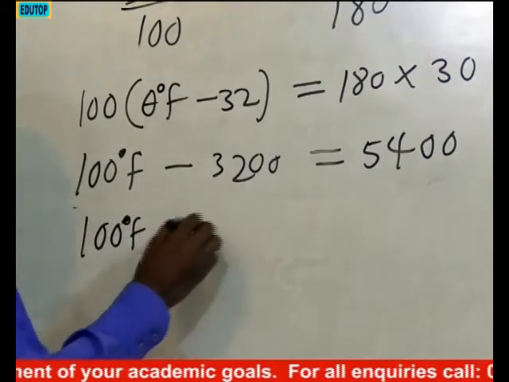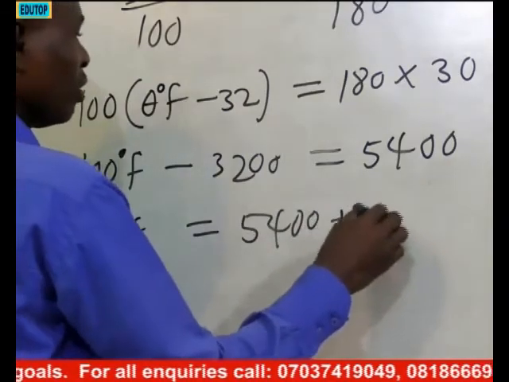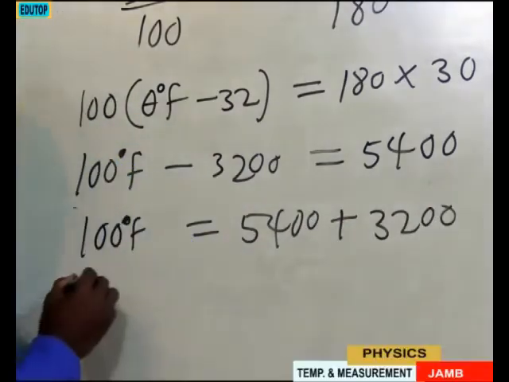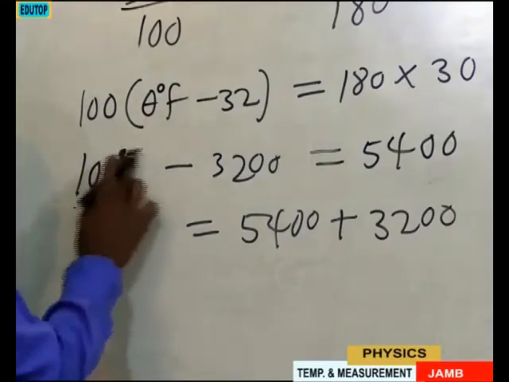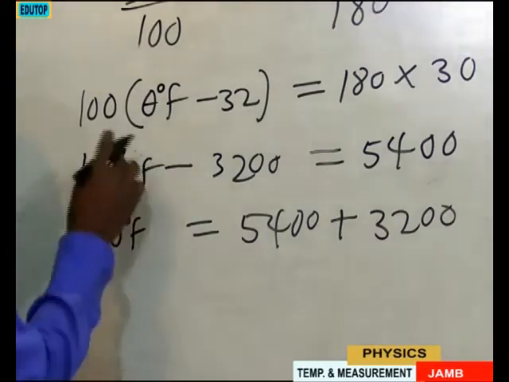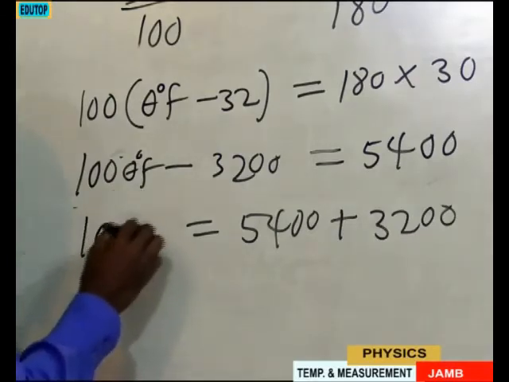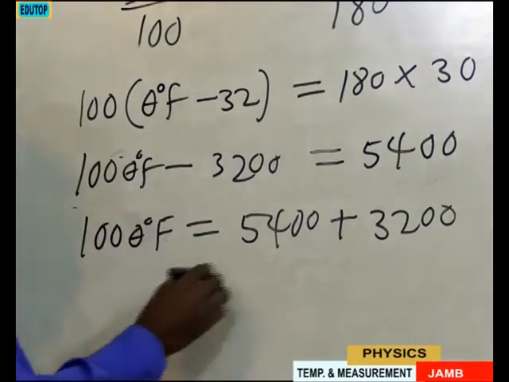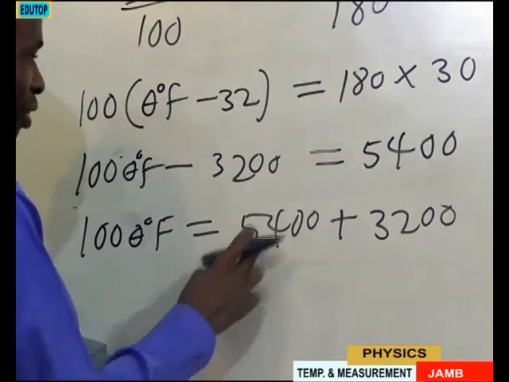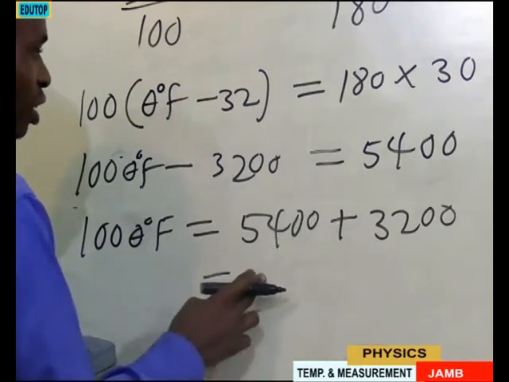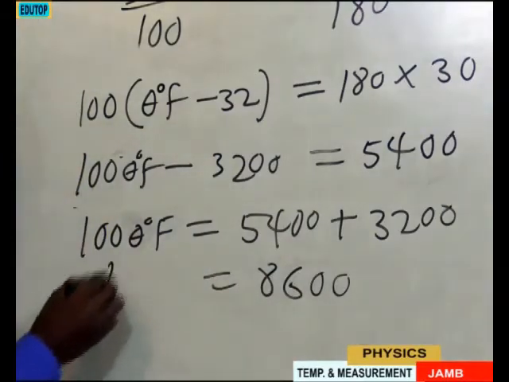Then we are going to have 100 degree Fahrenheit will be equal to 5,400 plus 3,200. And then 100 degree Fahrenheit, this is what I want to have, will be equal to, if we add this together, 8,600.